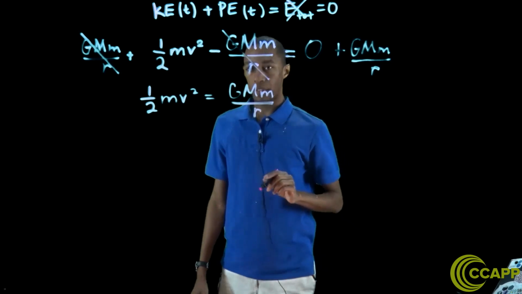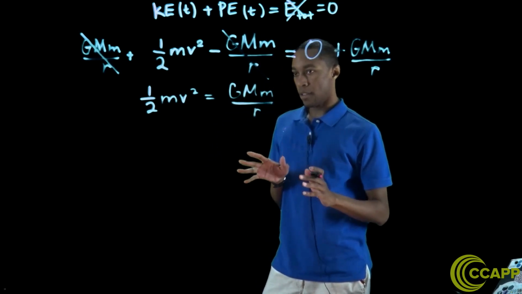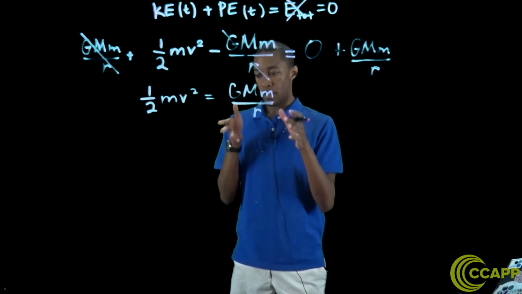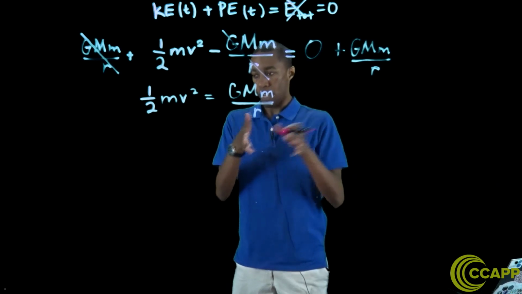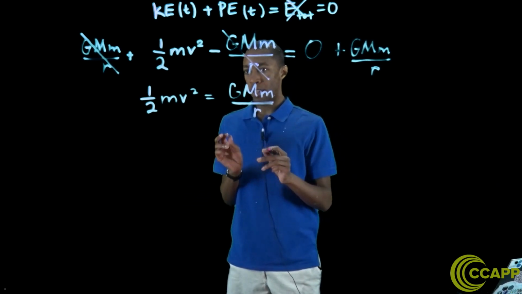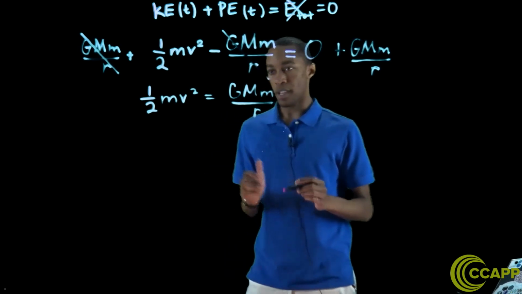And one substitution I'd like to make right now is that we're focusing on light. Remember, we're trying to find a condition at which you have a radius below which light cannot escape. And because we're talking about light, light always travels at the speed of light, c.